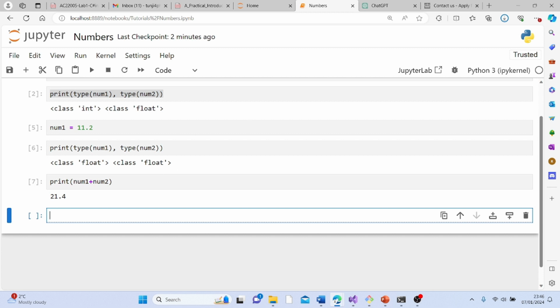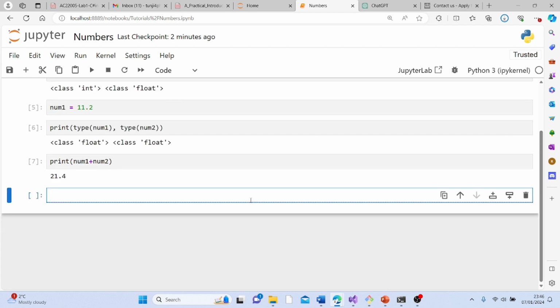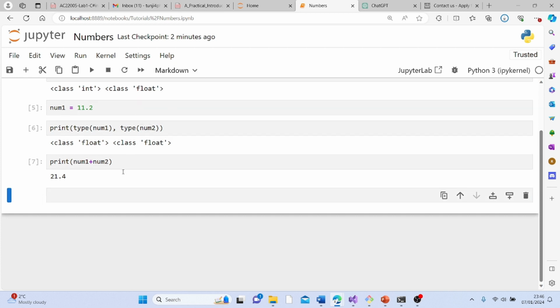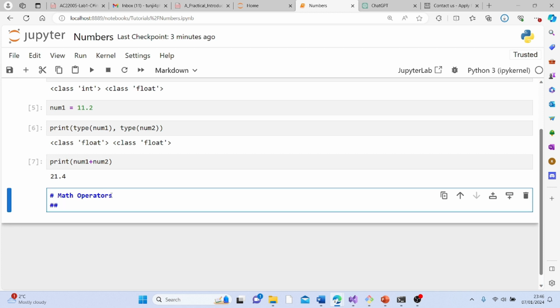There are other kinds of operators that you can use to operate on your numbers. So let's quickly write down the operators that we have. Let's say math operators. You are used to some of them, the addition operator and the subtraction operator.